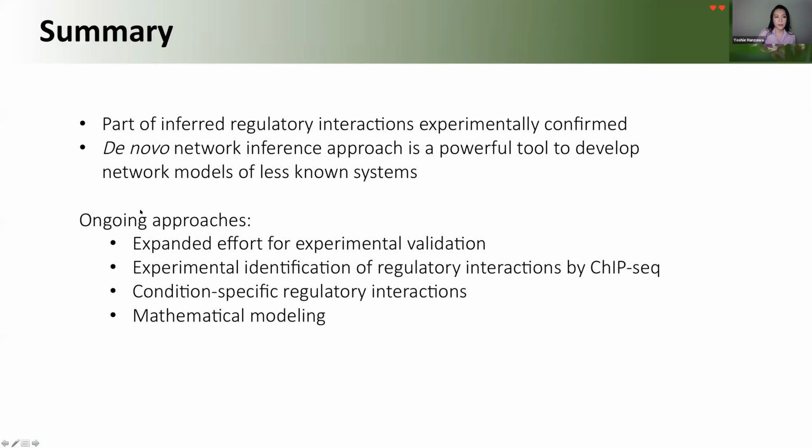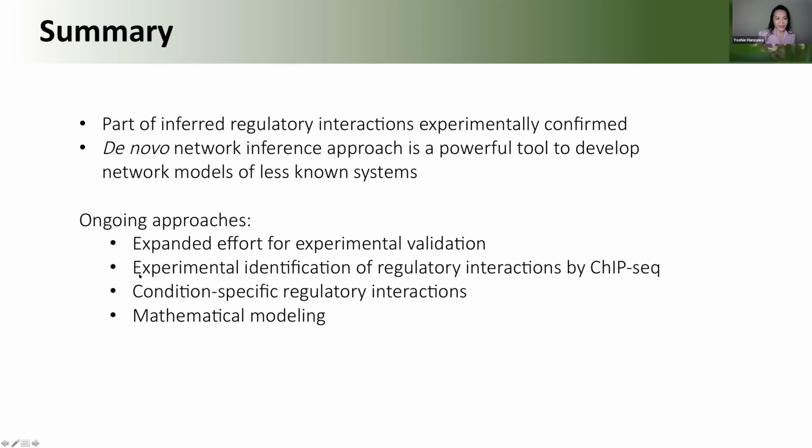As a summary, we managed to verify part of the inferred regulatory interactions by experiments. So we are confident that the de novo network inference approach is a powerful tool to target lesser-known systems to develop network models.